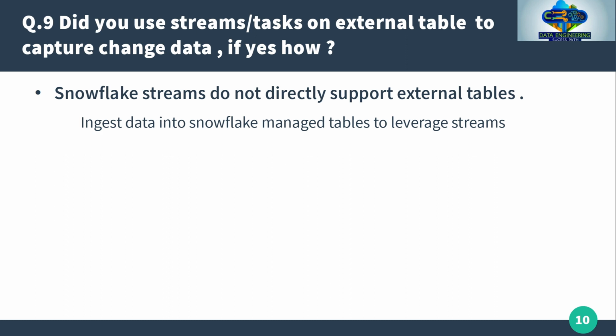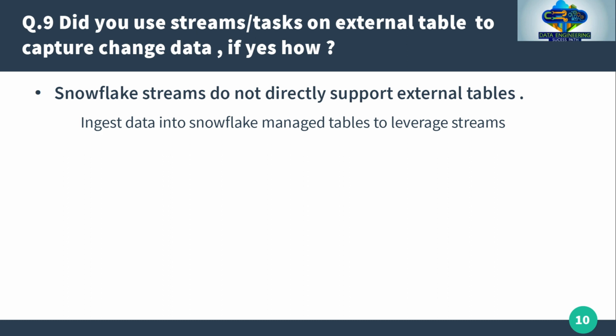Using Snowflake's stream and task on an external table would be a sophisticated approach to implement CDC for data stored in external storage, such as Azure Blob or S3 or some other location.